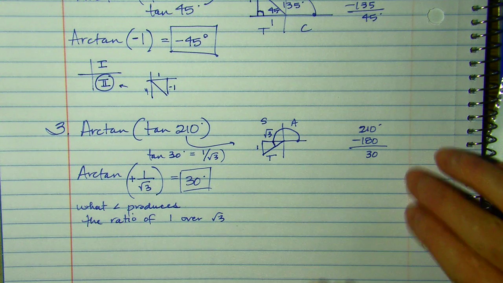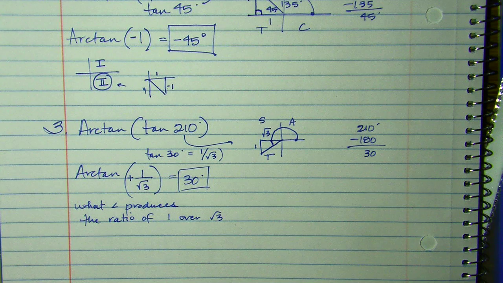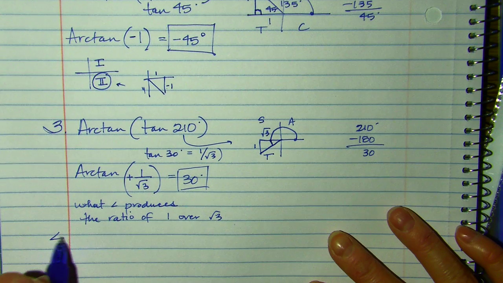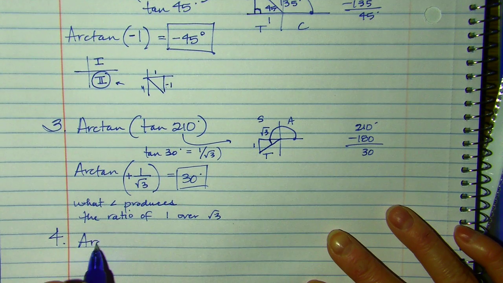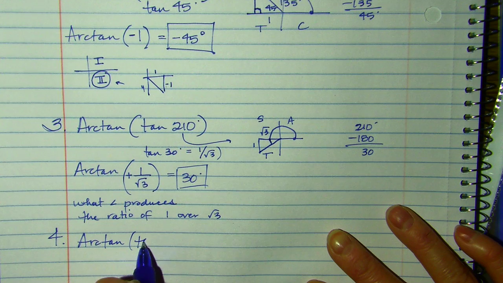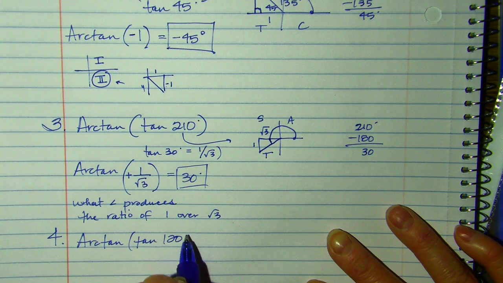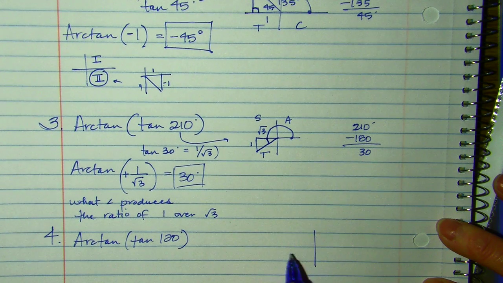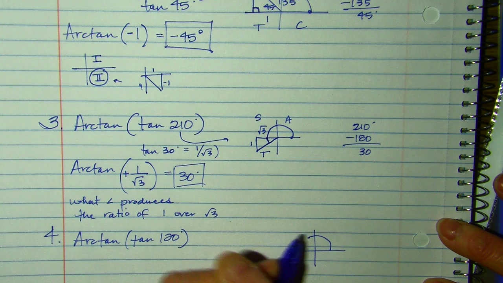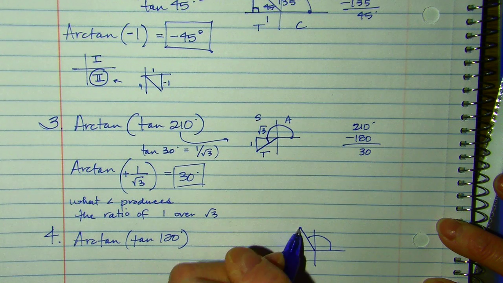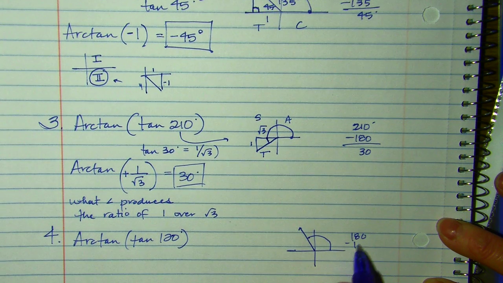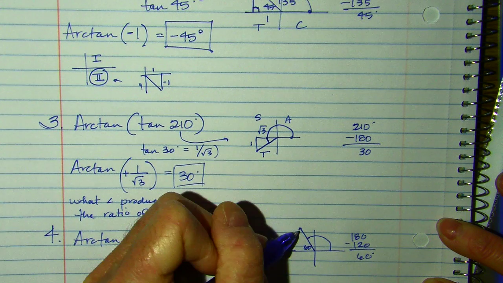Moving on. Well, here, let's see if I can fit this last one here. What is the arc tangent of the tangent of 120? All right, so again, the tangent of 120 would be here. And 180 minus 120 means that this angle here is 60 degrees.